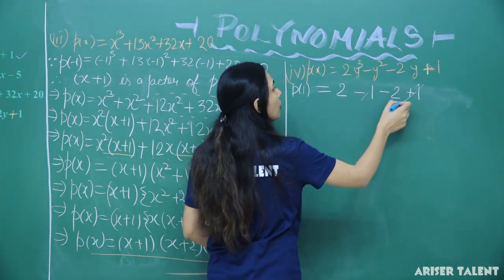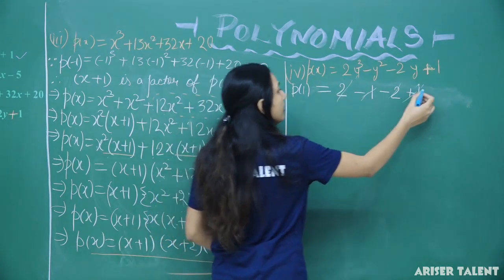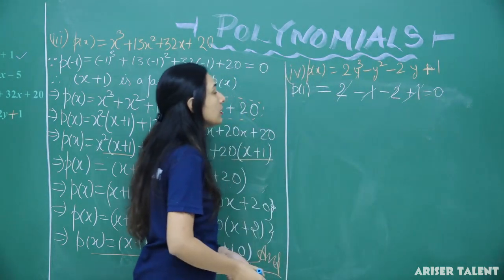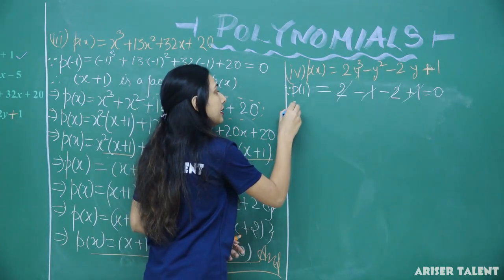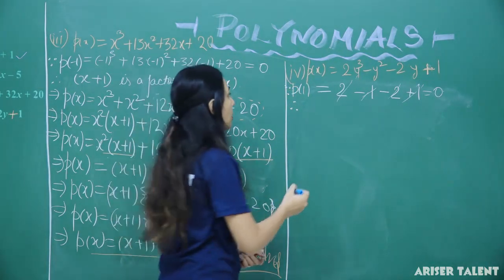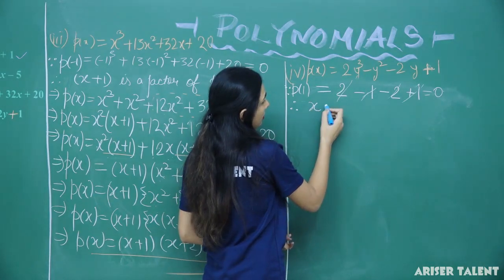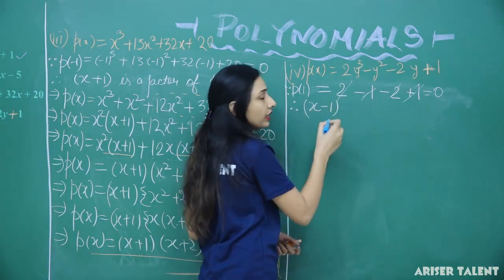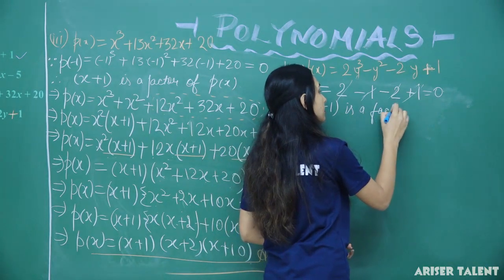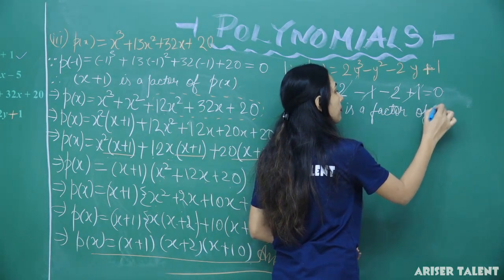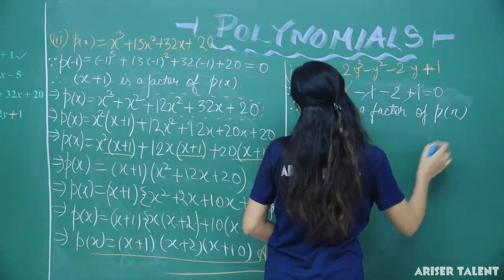So that will cancel out with this and that will cancel out with this. So that is 0. Because this is so, y minus 1 is a factor of P(y).